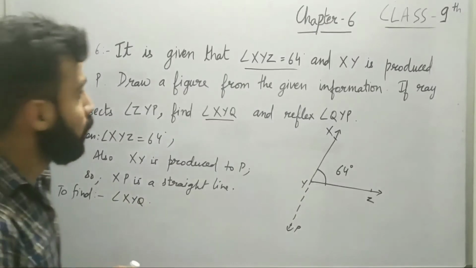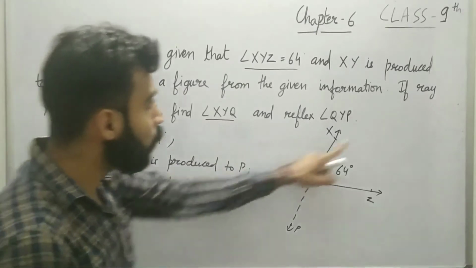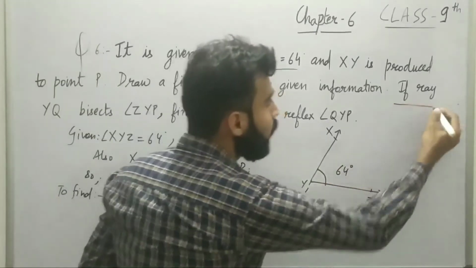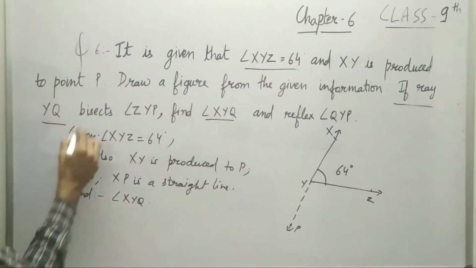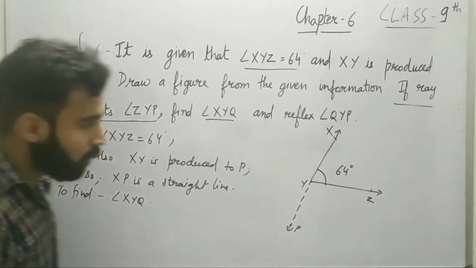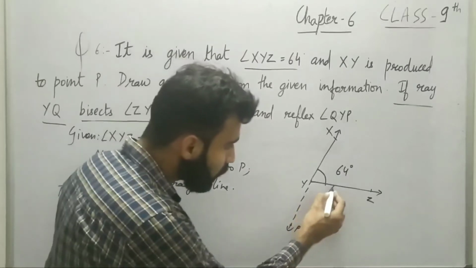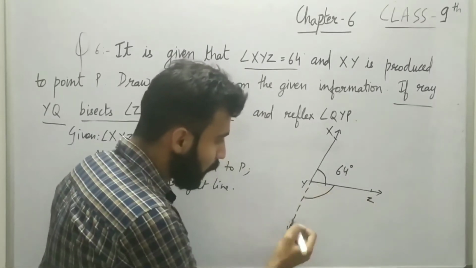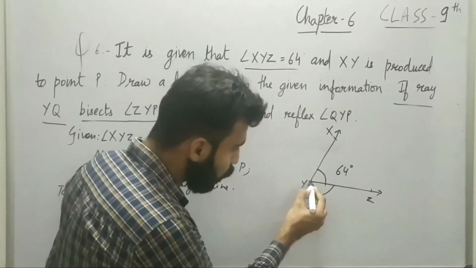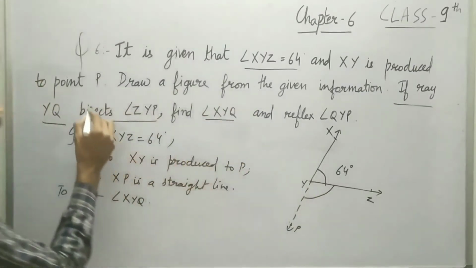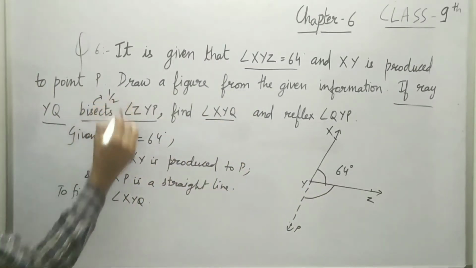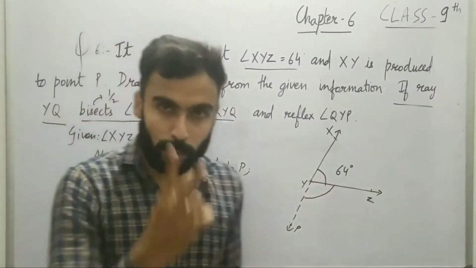Now one more thing is given to us, that ray YQ bisects angle ZYP. So where is angle ZYP? This angle is ZYP. So there's a ray named YQ. Bisect. So let me tell you the word bisect. That means divide that angle in two equal parts.